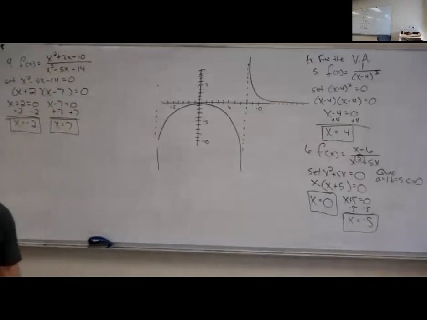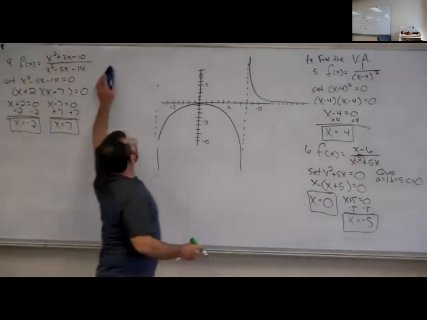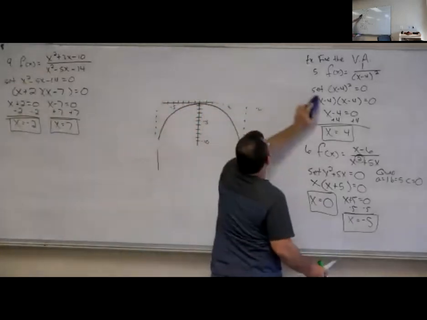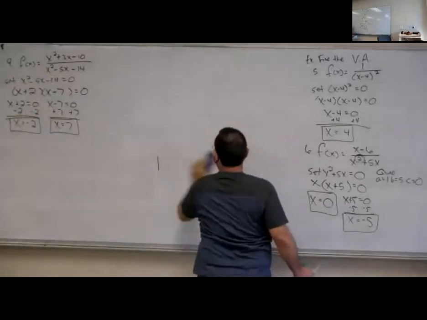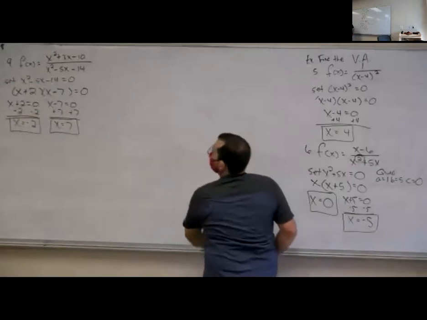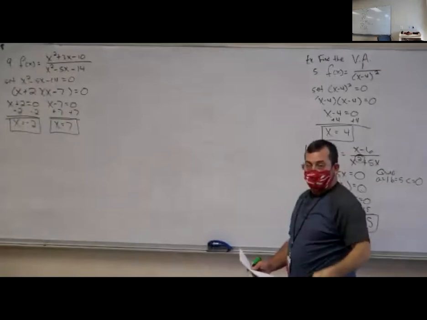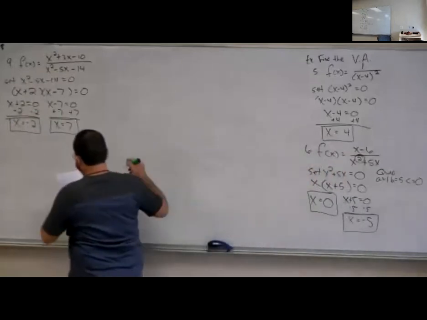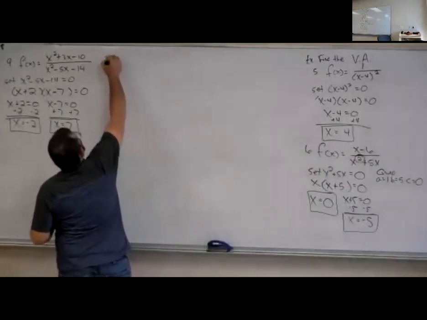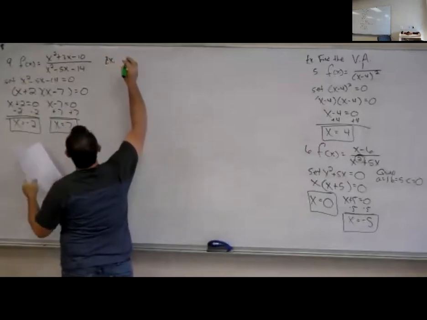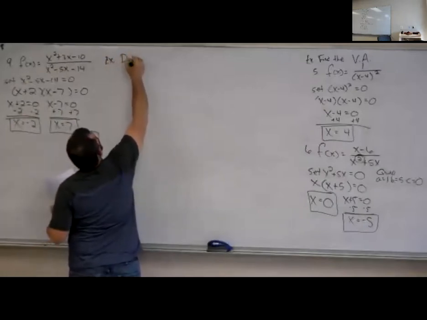All right, I guess I need a few of these with the horizontal asymptotes. Now remember, I had 3 cases for the horizontal asymptotes, right? So I'm going to do 1 case of each. So these examples are determine the horizontal asymptotes.